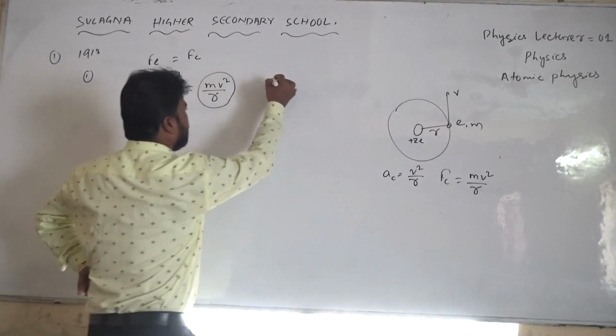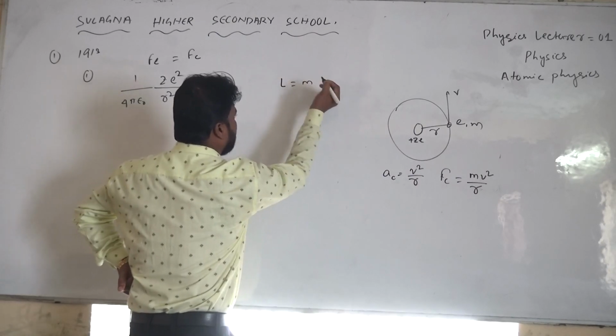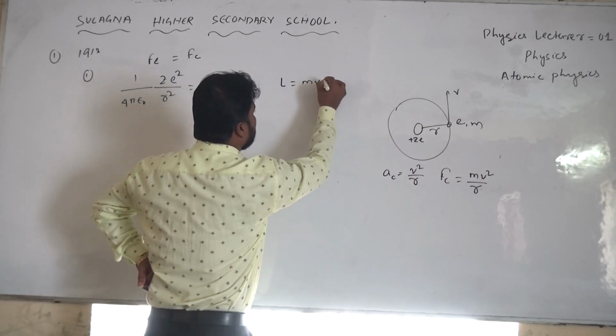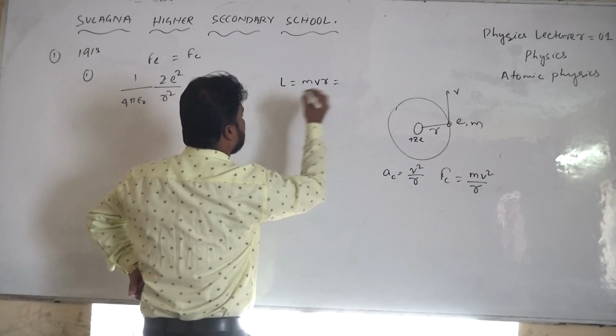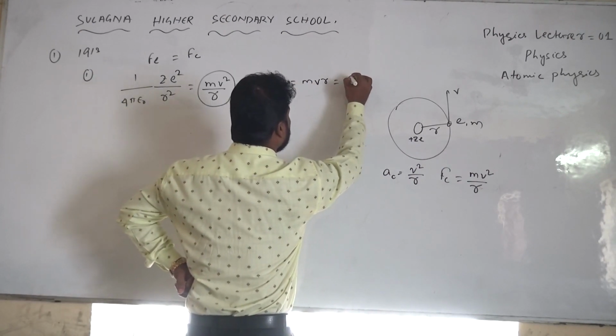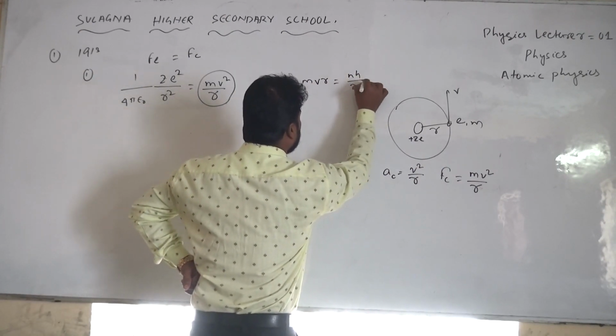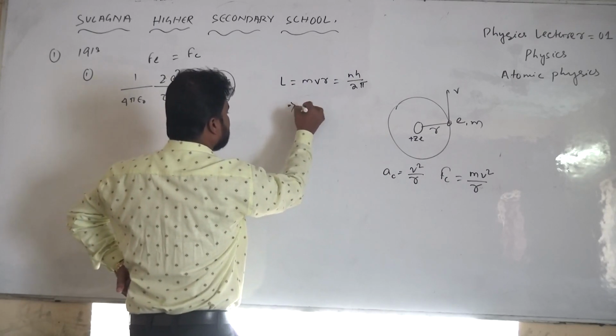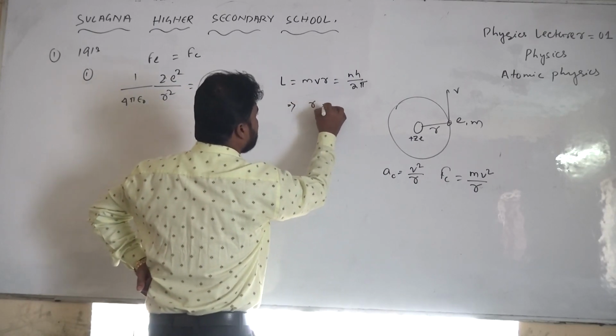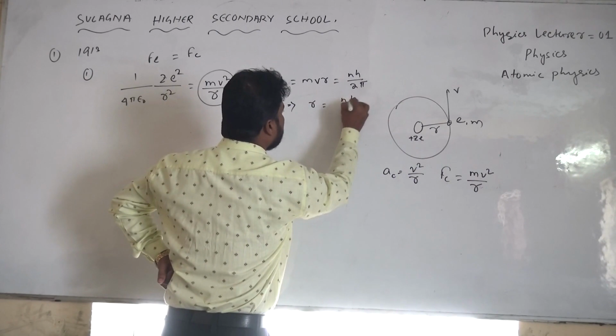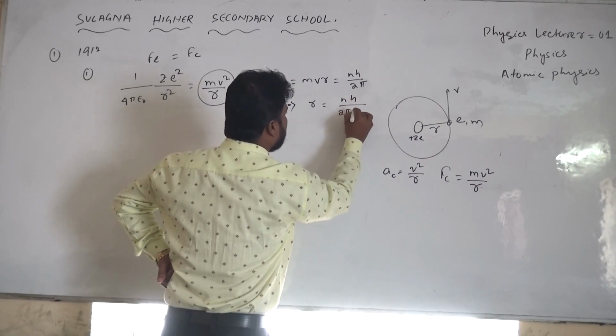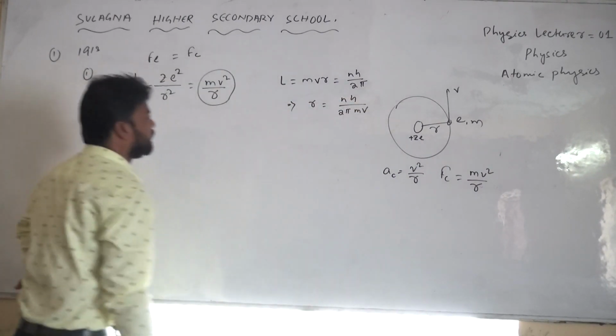We know from the postulate that m v r is equal to n h by 2 pi, which implies that r is equal to n h by 2 pi m v.